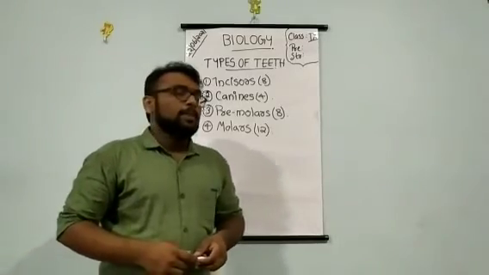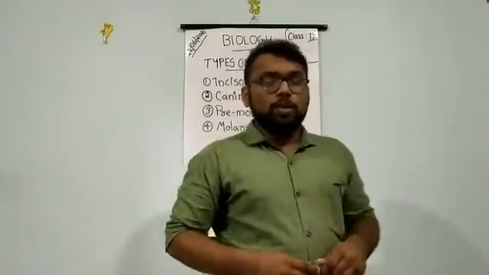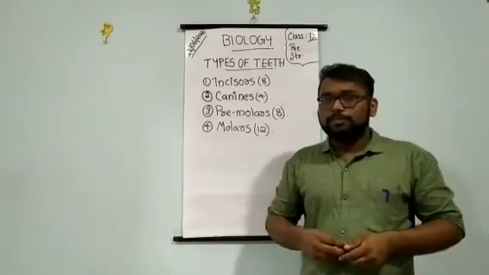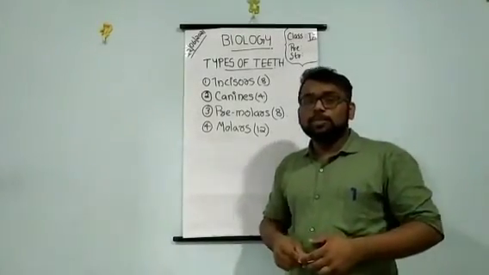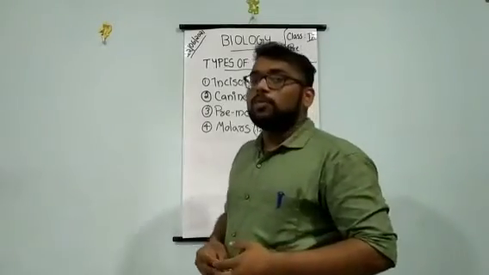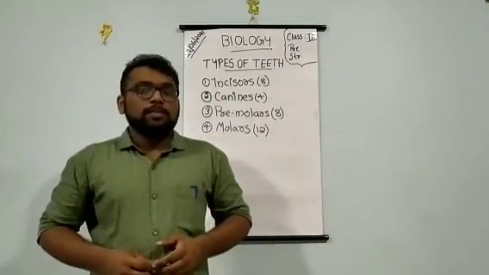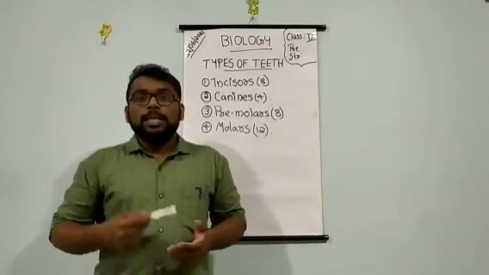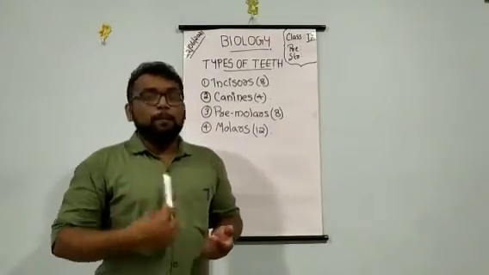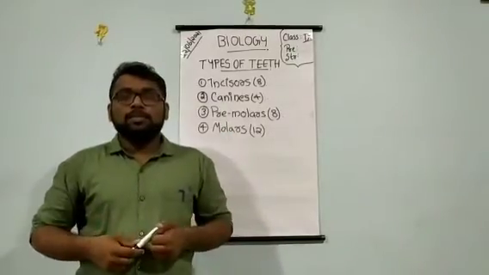Okay, very good. Then we will once again consolidate the whole topic. Are you ready? Yes. So there are two sets of teeth. The first one is the milk teeth, and the second one is the permanent teeth. And there are four types of teeth, and these include incisors, canines, premolars, and molars.